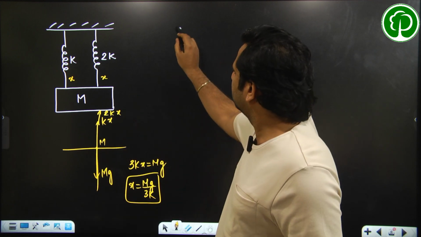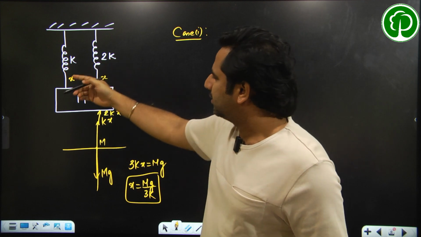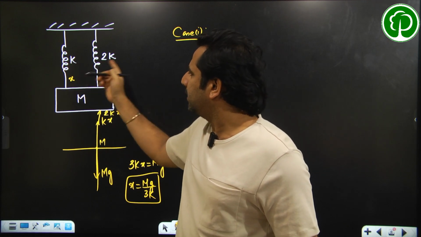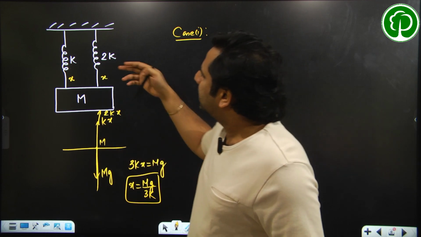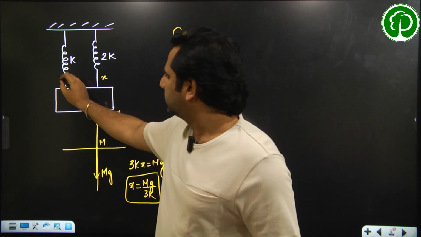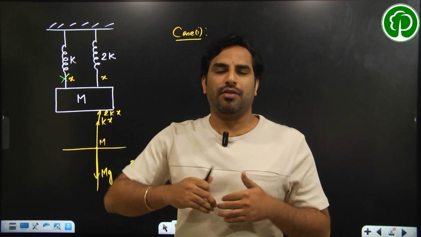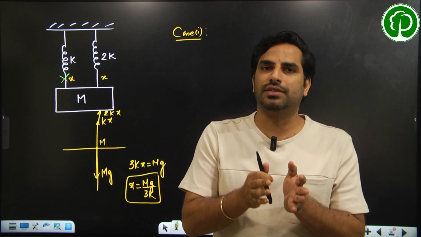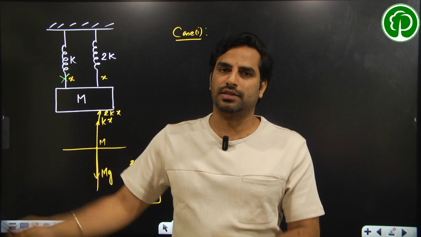Now case 1. I'll call the spring of spring constant K the first spring and the other one the second spring. If I cut this first spring, what is the acceleration of the block just after cutting the spring, at time t equal to 0.000000001 seconds?